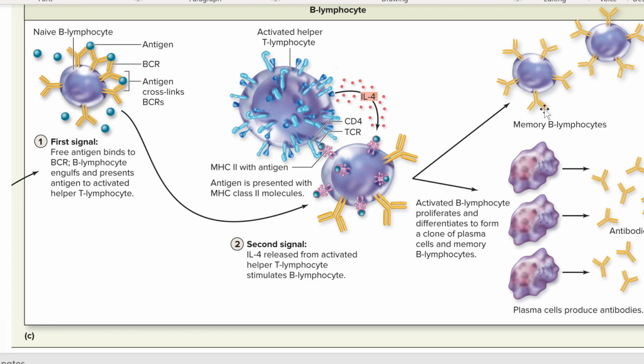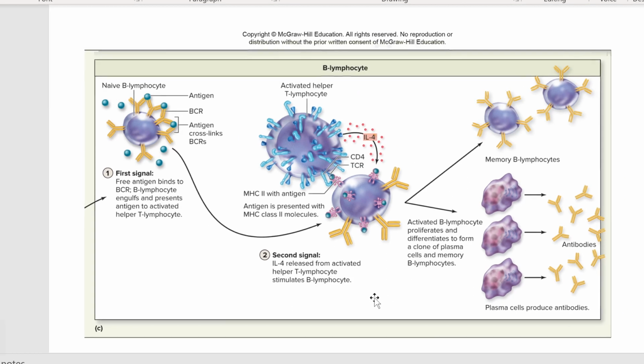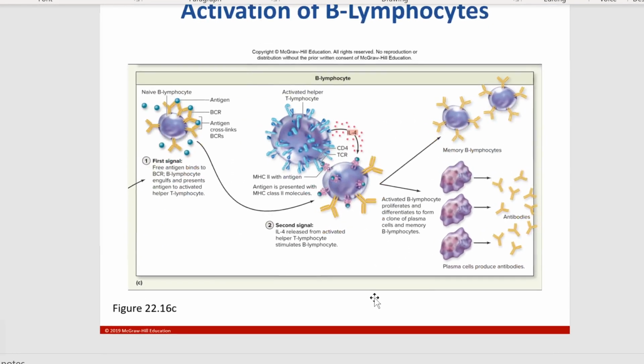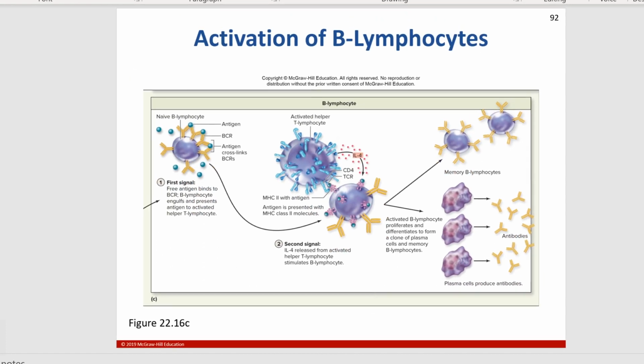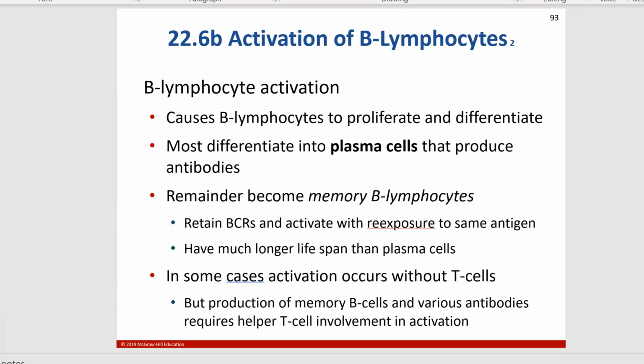In proliferation, some of them become memory B cells, as you can see, and some of them become plasma B cells that make antibodies. So remember, over here it had to phagocytize the antigen. It doesn't do that once it gets over here. Once it's a plasma cell, it won't phagocytize anymore. It's differentiated. But initially, it has to get the stimulation to cause the response.